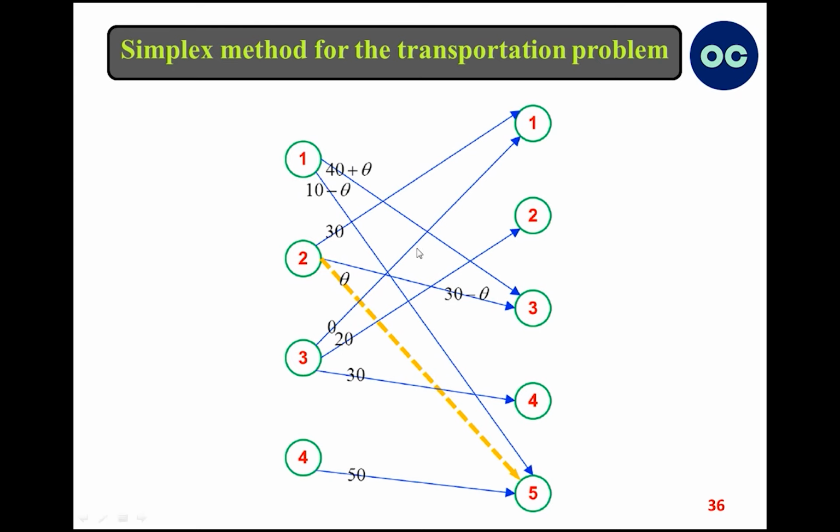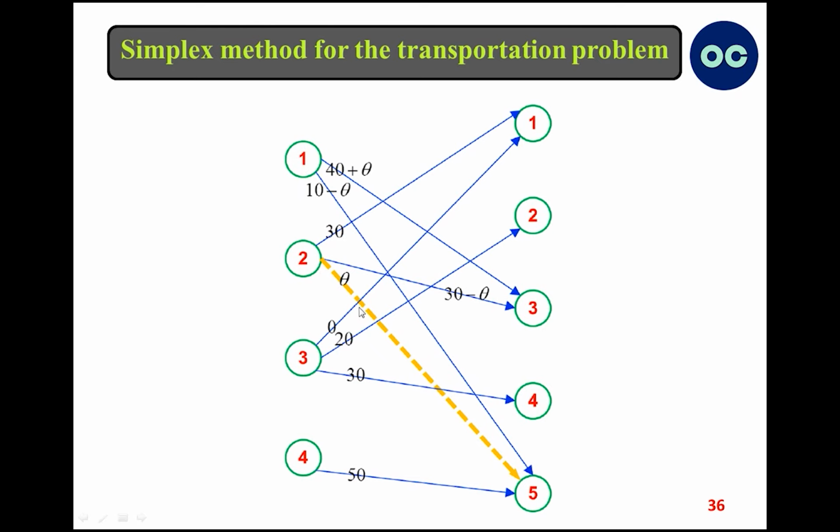If we add to the arc a flow of theta, we update the other variables as follows. In this figure, the value of theta needs to be increased to ensure that the flow of all arcs is non-negative.